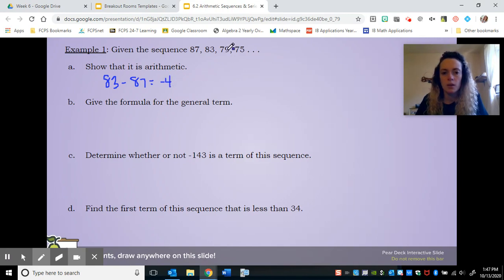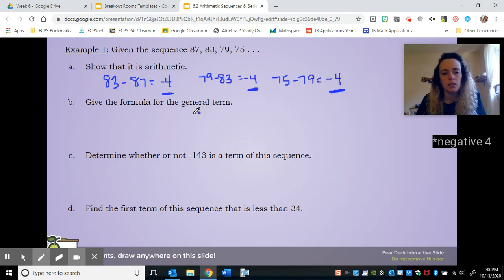If I do the same thing, term number 3 minus term number 2, I get negative 4. One more time, just based on how many terms they gave me, if I do term number 4 minus term number 3, I'm showing once again that I get negative 4. So this is showing my common difference is negative 4.